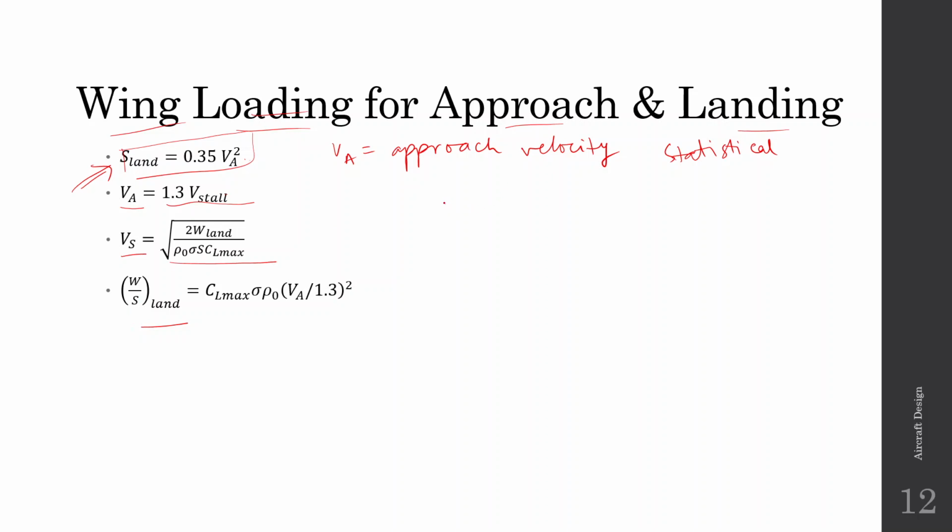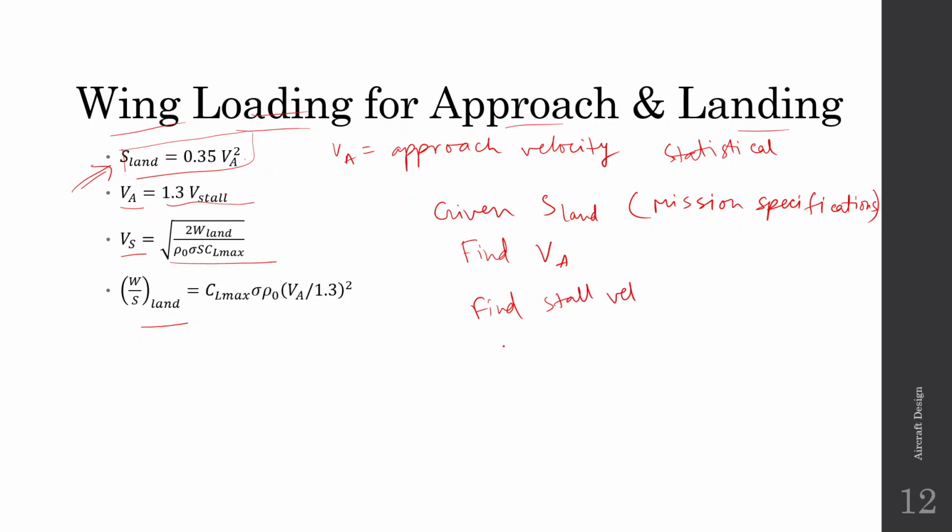So, given S land in the mission specifications, find approach velocity, and then from here find stall velocity, and then find W by S. So that is what is given in this formula.